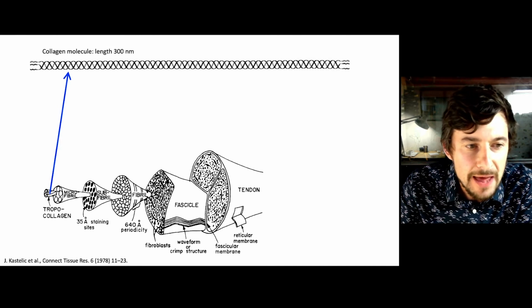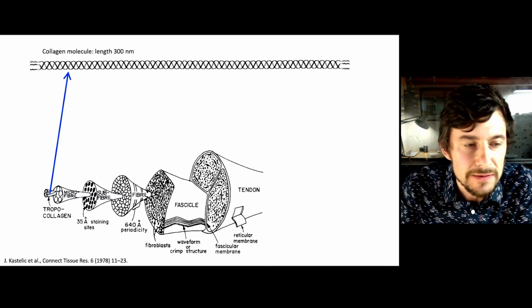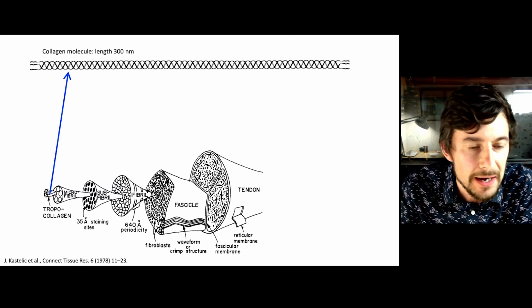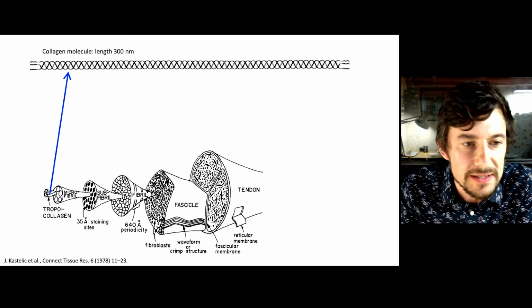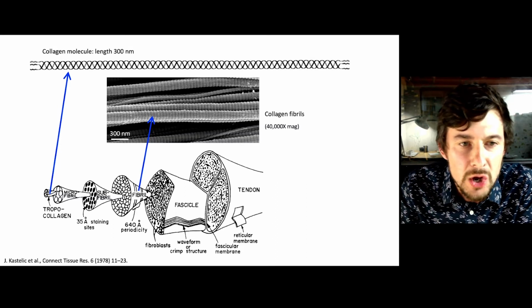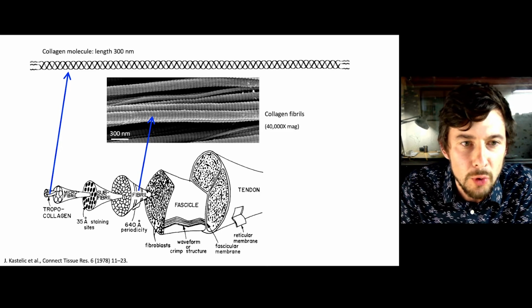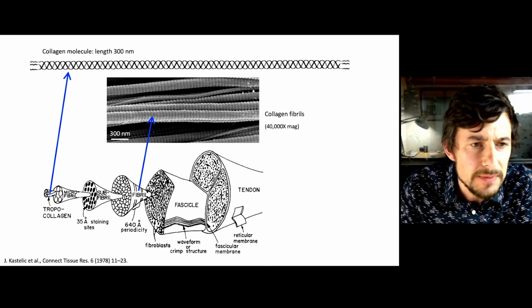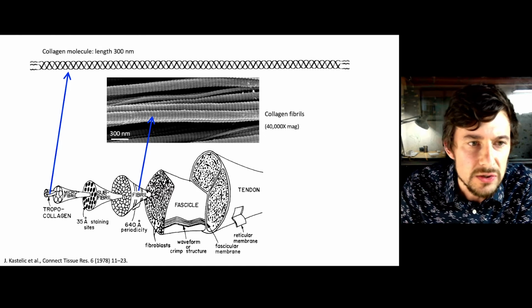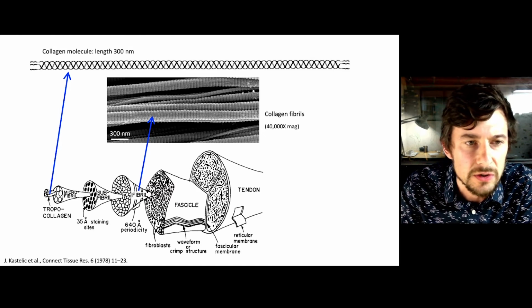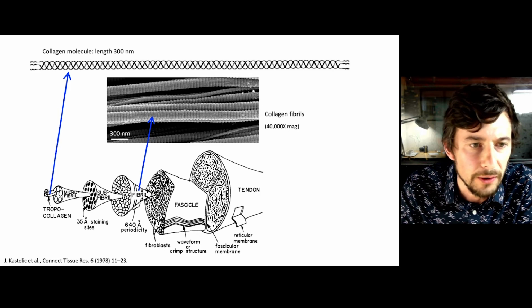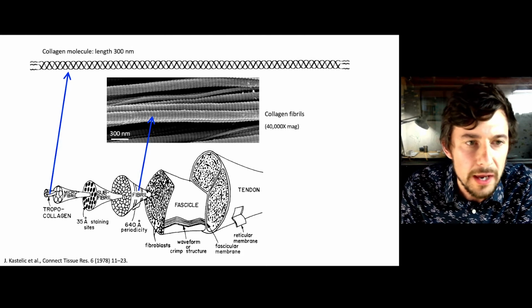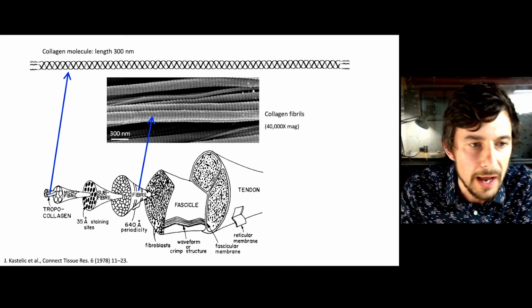And these come together in a very precise way to form semi-crystalline packing arrangements of collagen fibrils, which are long, thin, rope-like structures, generally between 50 and up to about 400 nanometers in diameter. Best seen using nanoscale imaging techniques such as electron microscopy or atomic force microscopy. And they've got the beautiful banding pattern on them because of that precise way collagen molecules are packed within them.